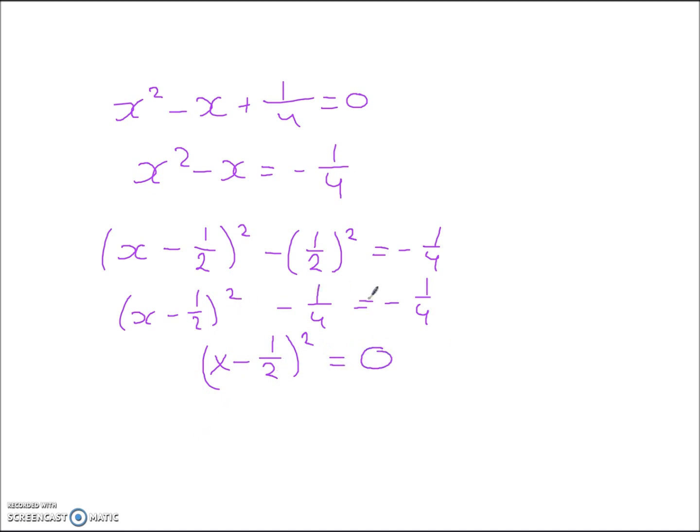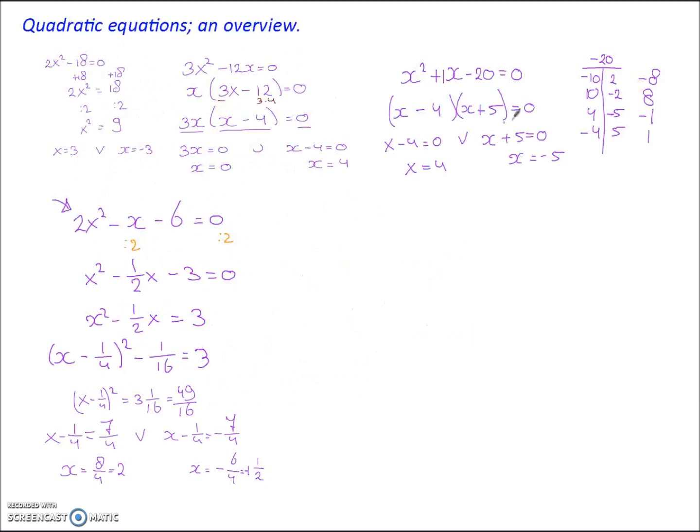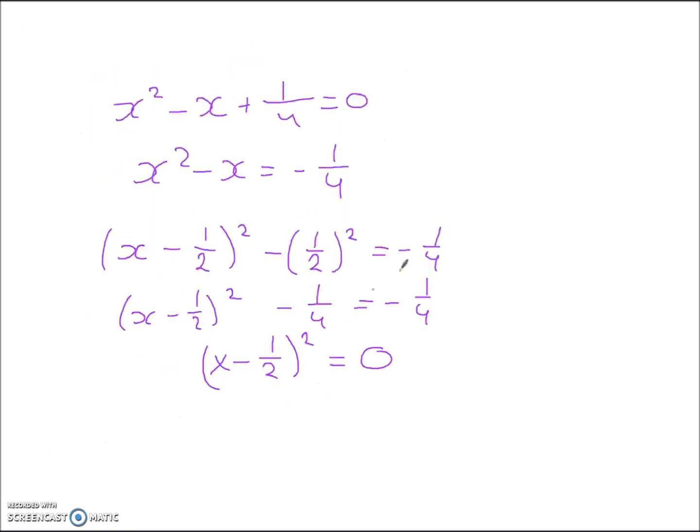In our previous example we had two answers because we ended up with a number that was not equal to 0. But in this case, I want to take the square root and the negative square root of 0, but they're both the same.